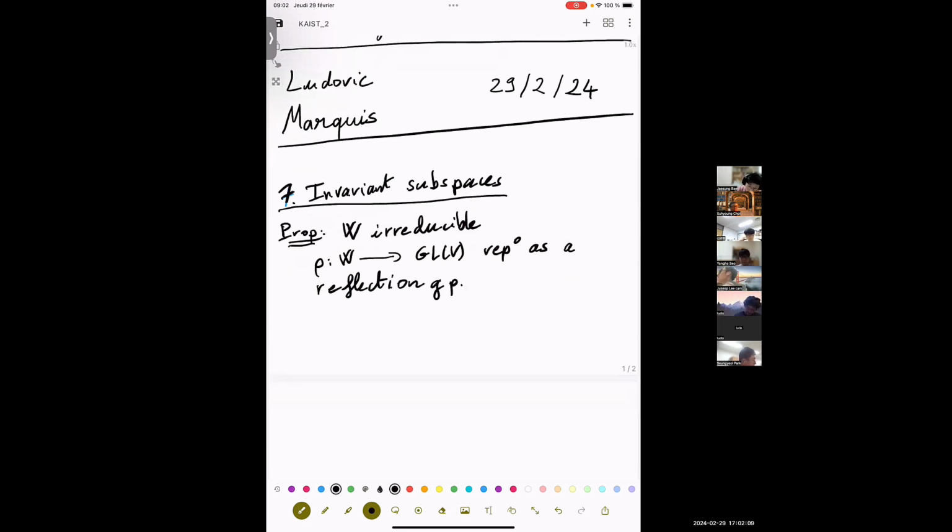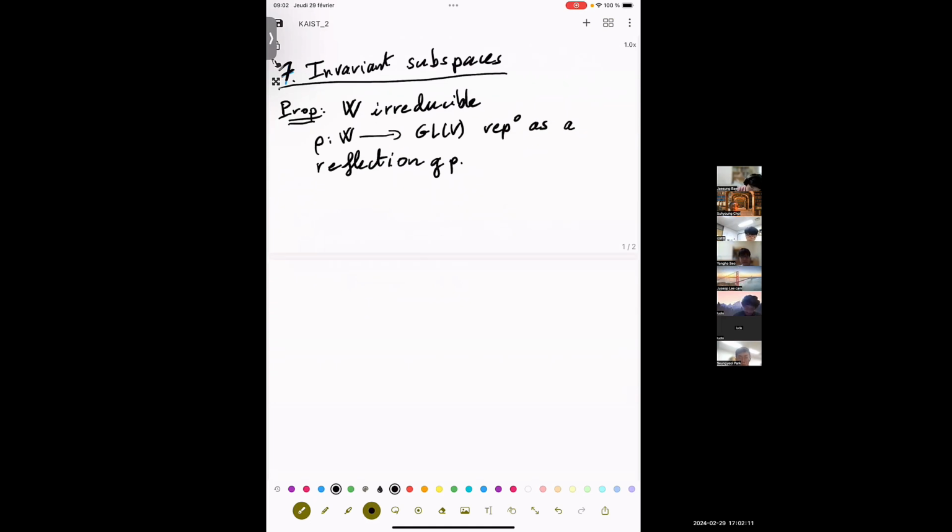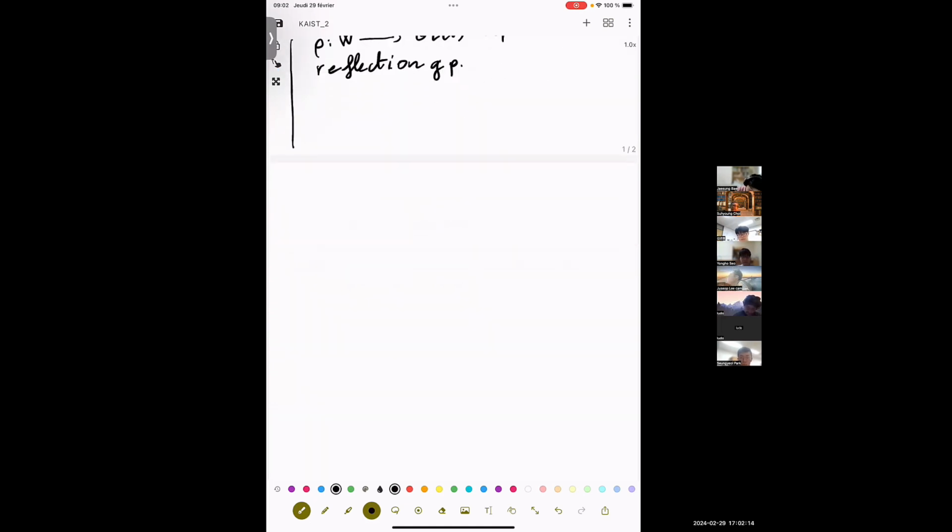Now I want to give you the list of all the subspaces that are invariant. So a subspace E of V is rho invariant if and only if there are two situations, and that's a good moment to introduce two spaces.